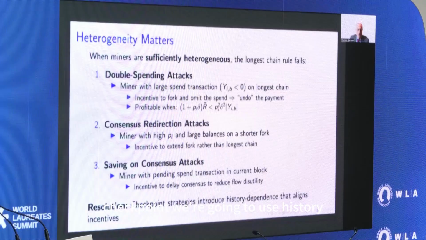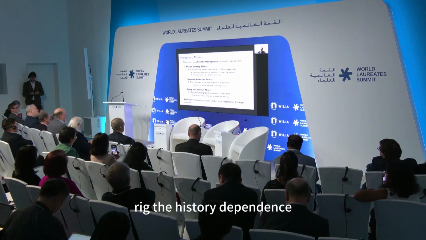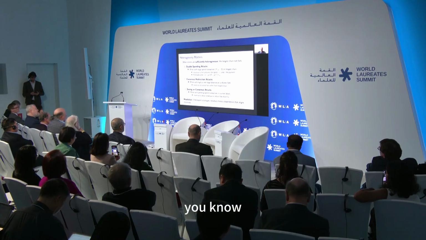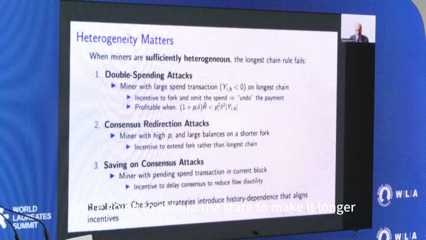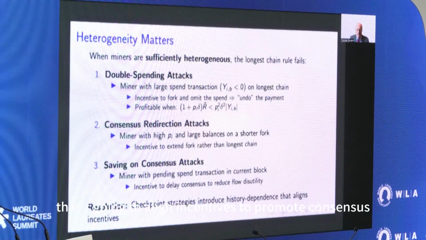So with checkpoints, we're going to use history, we're going to extend the strategy space, and they're going to rig the history dependence. If you're a Markov decision person, we're going to extend the state to make it longer and longer in a way that's going to align incentives to promote consensus. That's what these guys are after.